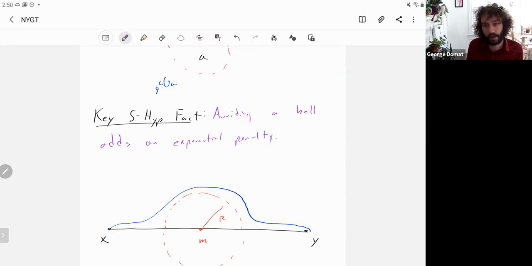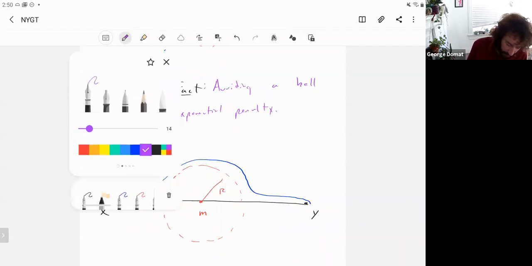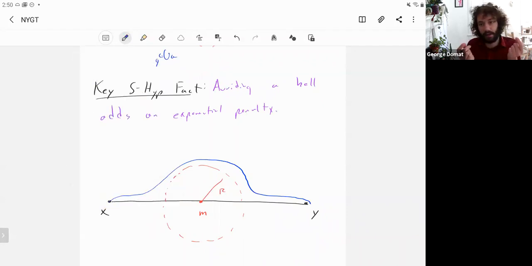If you avoid a ball, you have to go an exponential amount of distance out of your way. So if you have any two points X and Y, and you look at the geodesic between them, and you remove some ball of radius r centered on that geodesic, then the length of a path avoiding that ball is greater than or equal to 2^(r-1) minus delta. Importantly, it grows exponentially with respect to this radius.